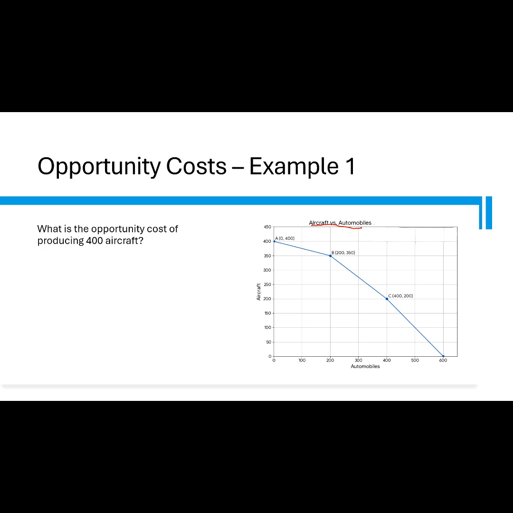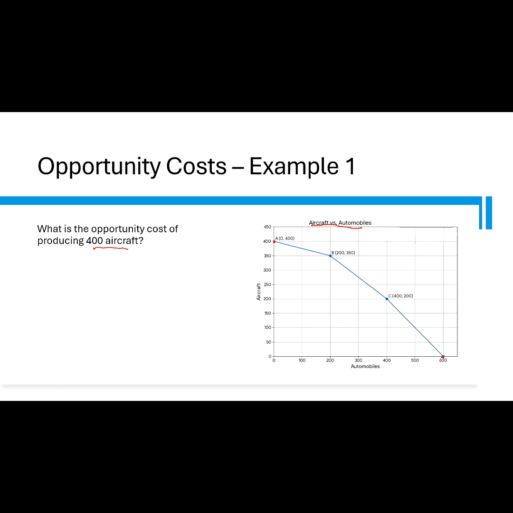So what is the opportunity cost of producing 400 aircraft? That is the question. Well, we know if we're going to produce 400 aircraft, we're going to be right here at point A. So the opportunity cost is 600 automobiles. We cannot produce any automobiles at all because we are focusing all on aircraft.